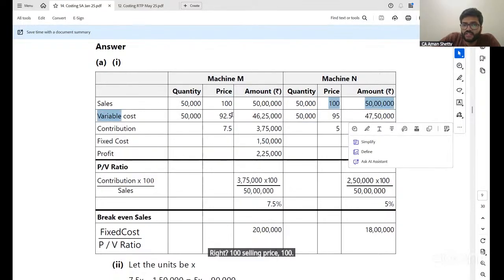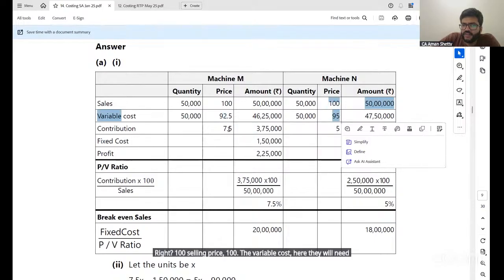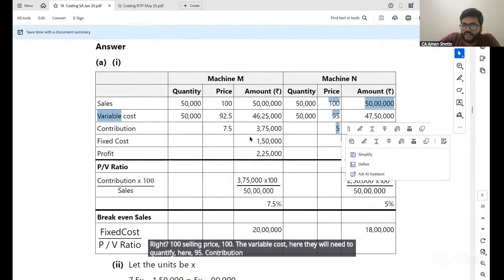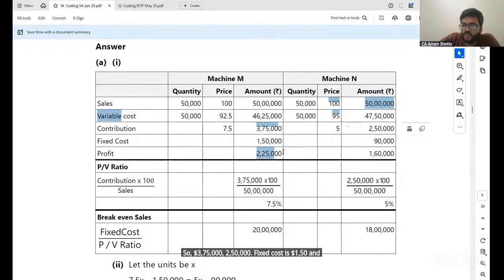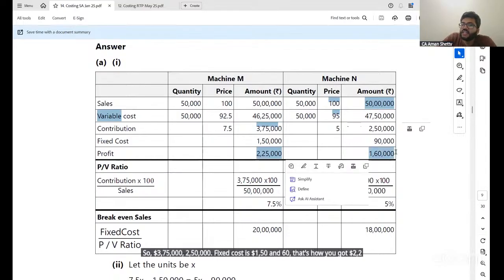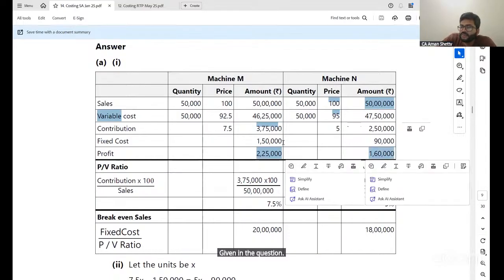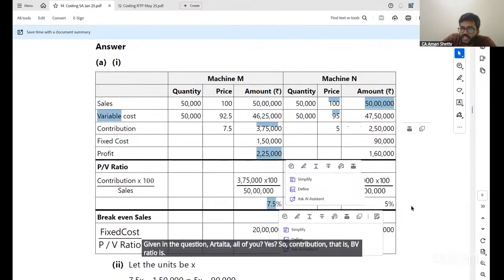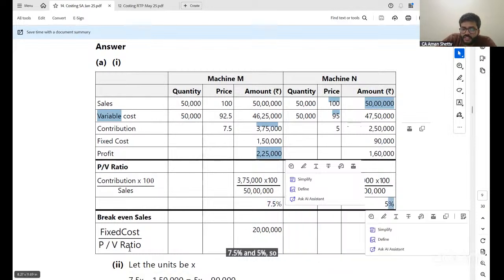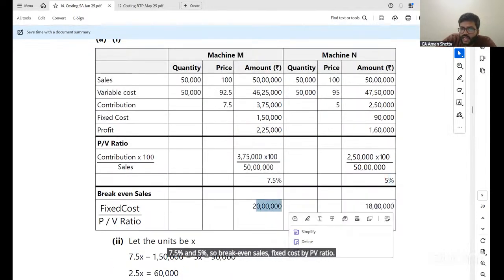The variable cost they've given is 92.5 here and 95 here. Contribution is 7.5 and 5, so 3,75,000 and 2,50,000. Fixed cost is 1,50,000 and 90,000. That's how you get 2,25,000 and 1,60,000, as given in the question. Understood, all of you? So contribution, that is the PV ratio, is 7.5% and 5%. Break-even sales is fixed cost by PV ratio, and you get 20 lakh and 18 lakh. Clear?